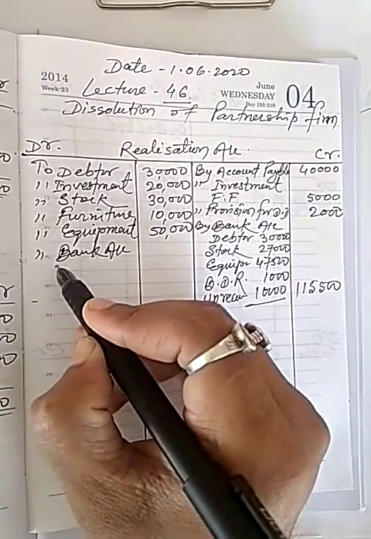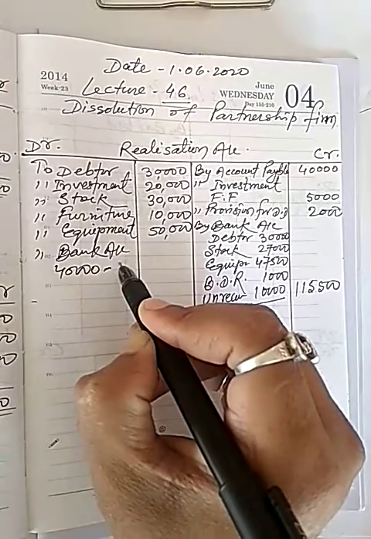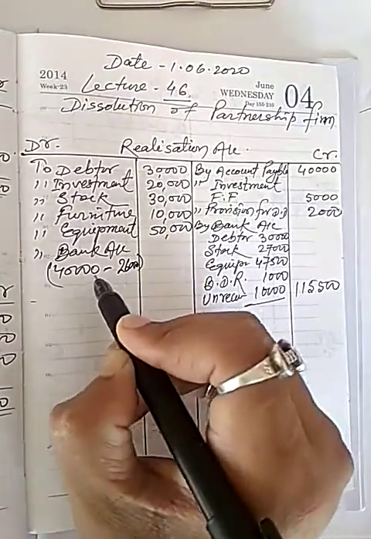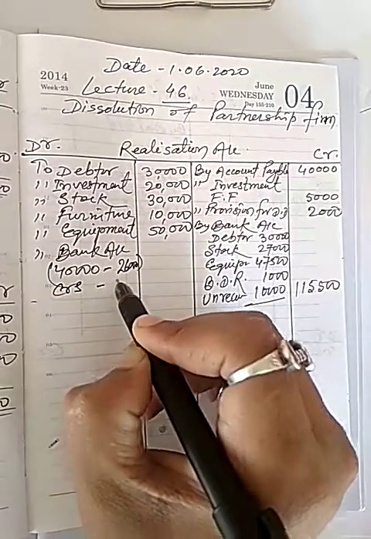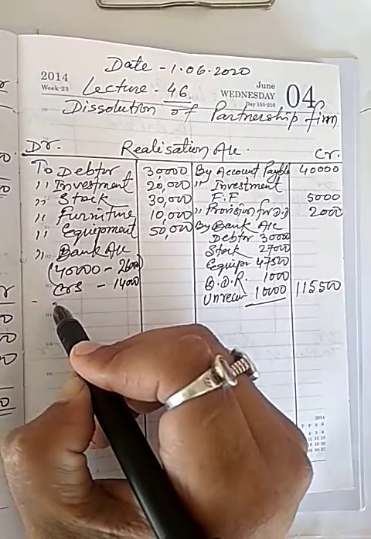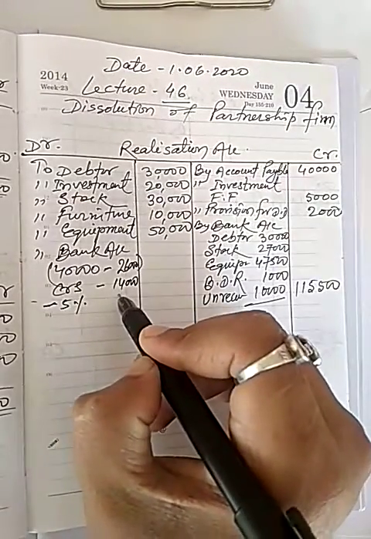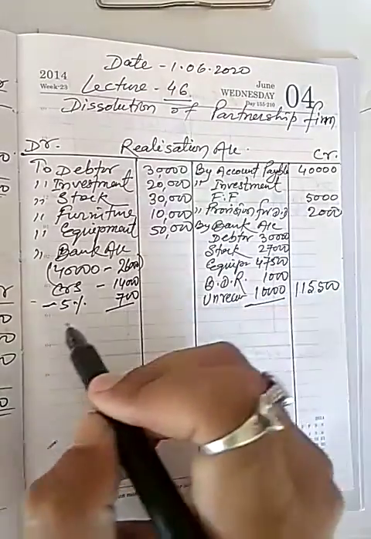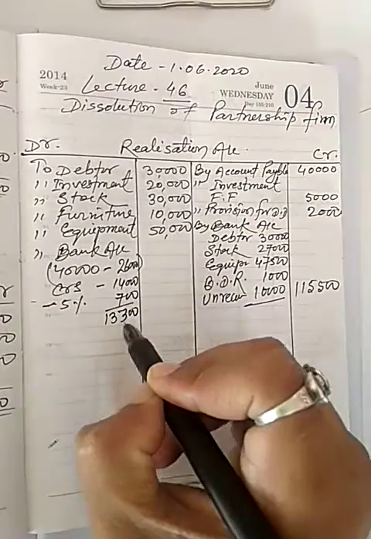Account payable will be 40,000 minus 26,000, so creditor will be 14,000 only, and less 5%, 700, so it will be now 13,300.